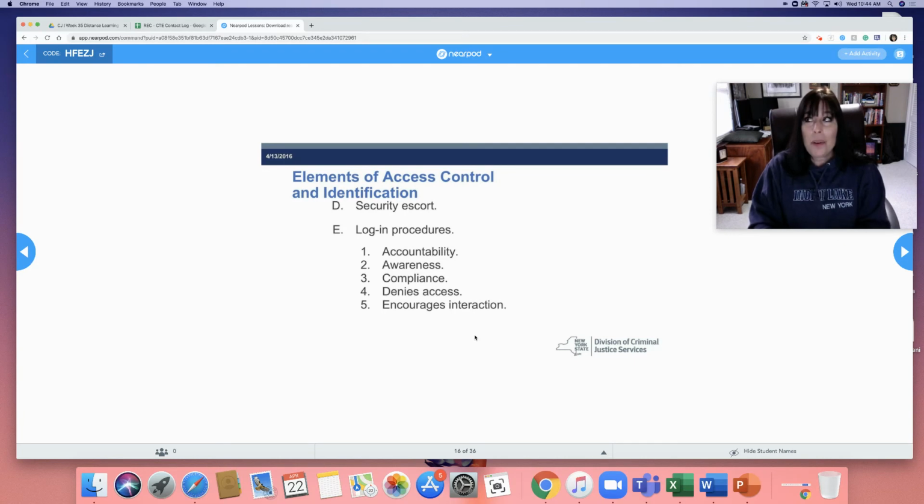Well, that's going to perhaps discourage them from trying to go someplace they're not supposed to go, if they know they have to sign in. And that's what items 4 and 5 are talking about: it encourages interaction between the guard and that person. So the guard is going to remember, "Oh yeah, I remember so-and-so, he came to get into that area when he had to sign in."